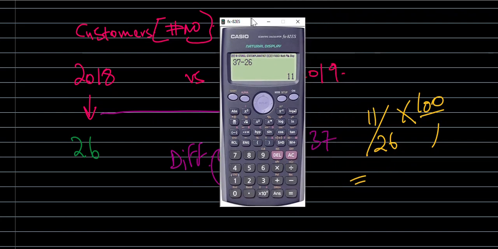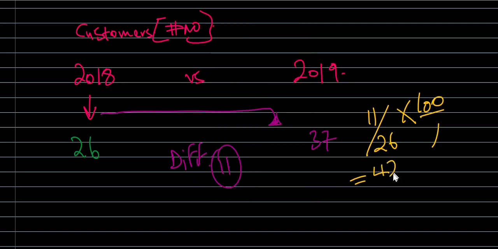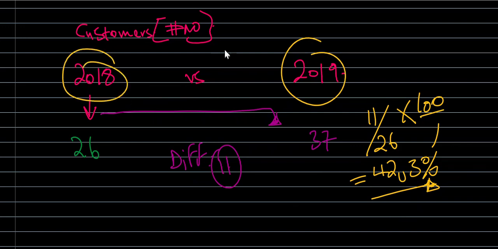Then your answer will be 11 over 26 multiply by 100. Answer is 42.3. 42.3%. So this is the increase percentage from last year 2018 to 2019. So we are done.